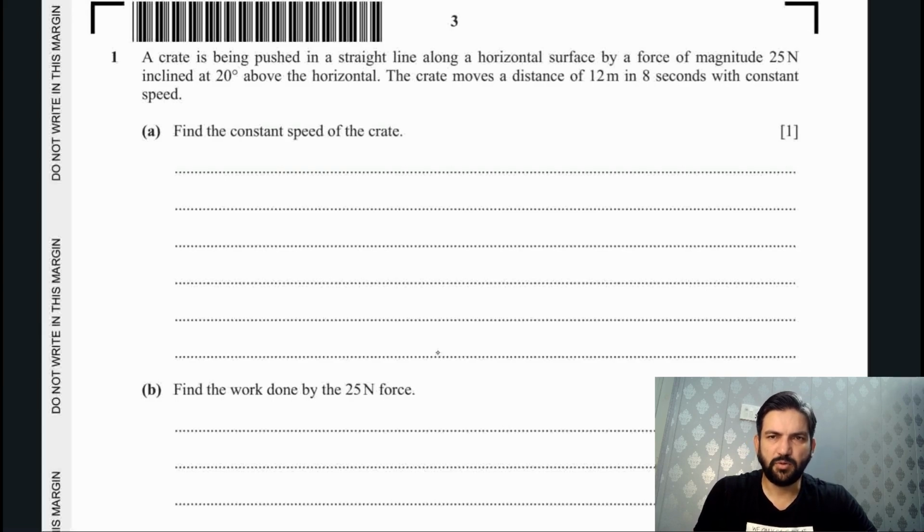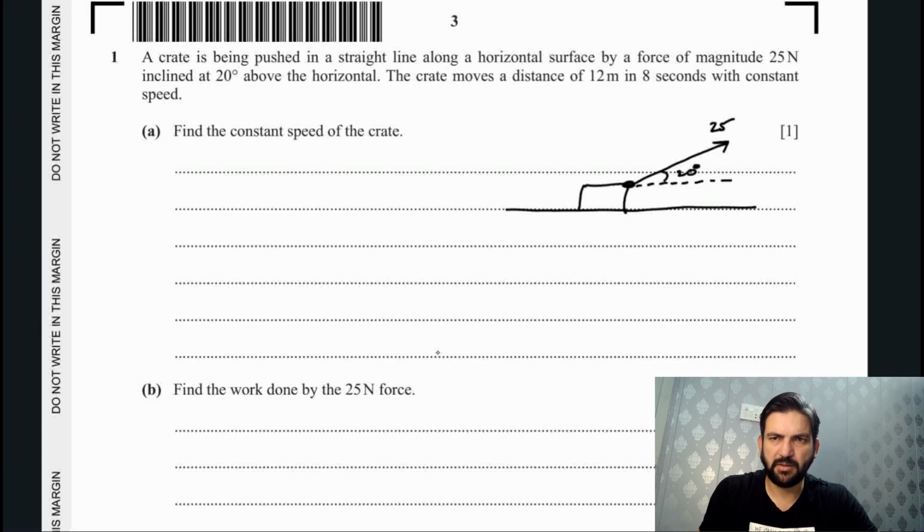It means that we have a straight horizontal surface and there is a crate on this, and a force of 25 Newton is applied with an angle of 20 degrees.